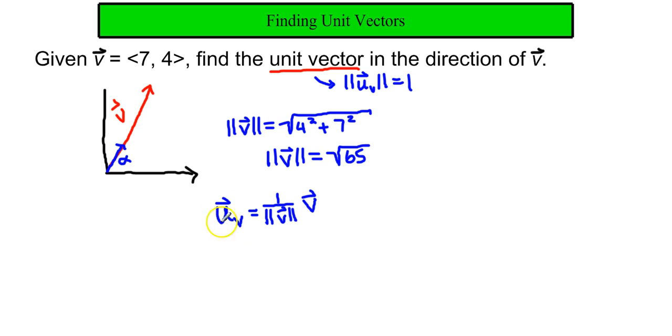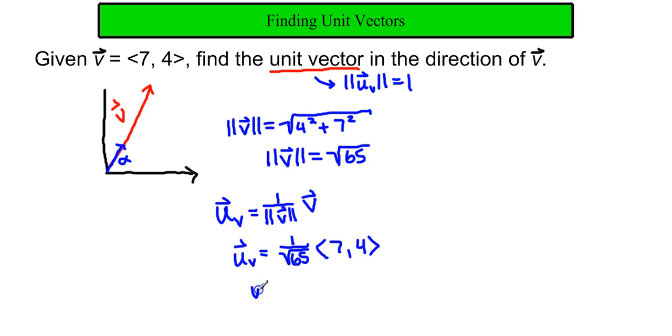Okay? So the unit vector in the same direction as v: we know that the magnitude of v is root 65. So we're going to multiply that vector v by 1 over the magnitude, and then take that vector v and write its components.